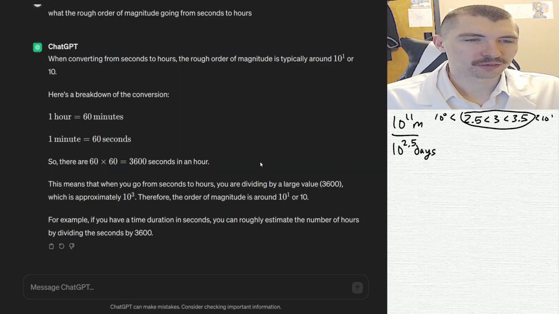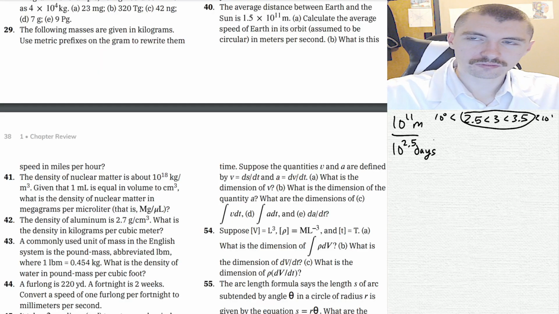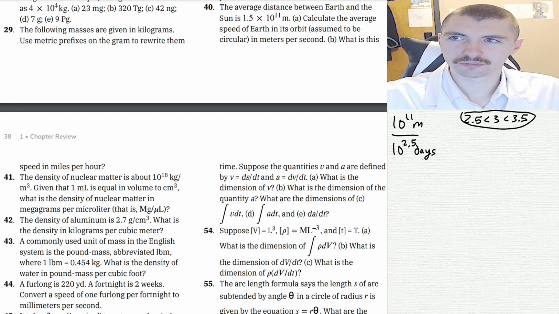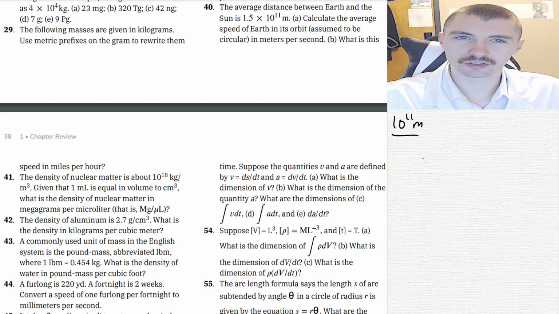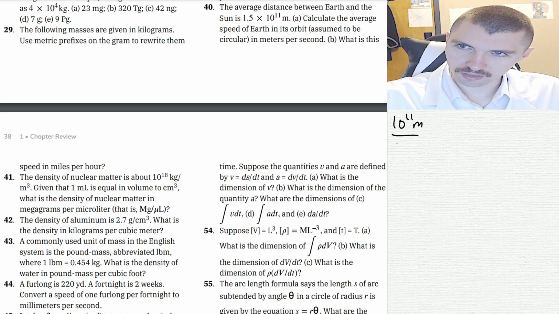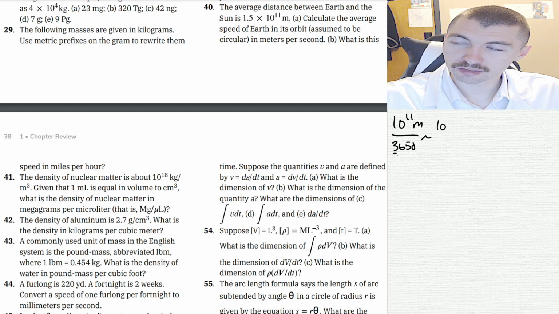Okay, so let's try to do it again. 10 to 11 meters per 365 days, which is 10 to the, this is going to be 10 to the 3. 3 is bigger than the square root of 10.